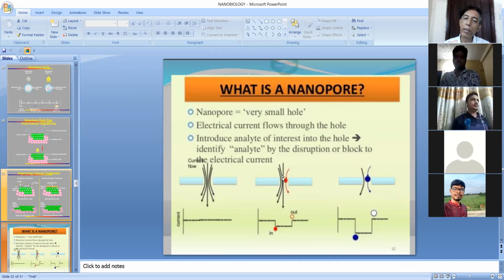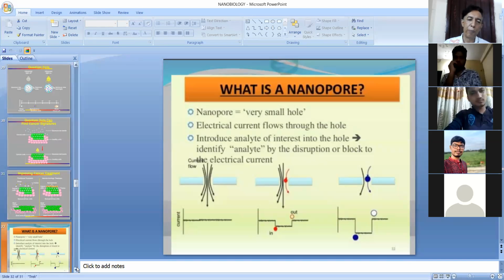And in this nanopore, electrical current can flow through this hole. So why is nanopore required, and how is it used? Let's see.